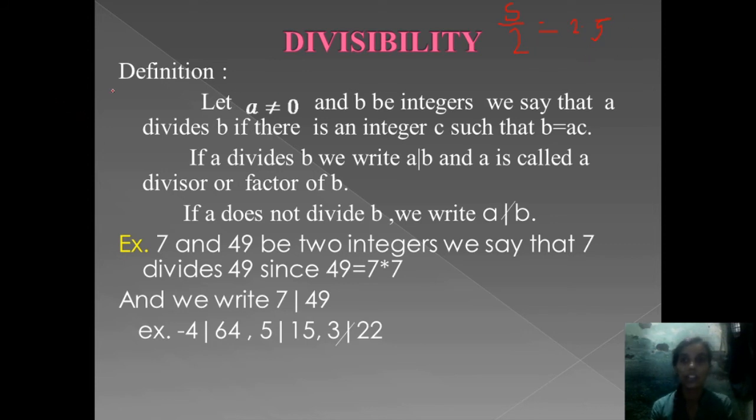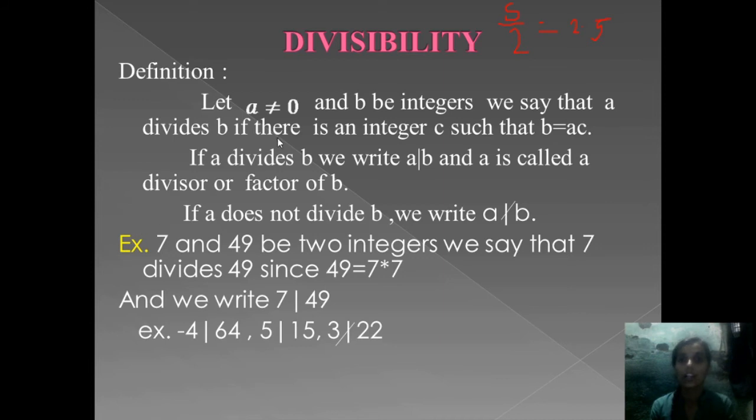So we define here the definition of divisibility. For a not equal to 0 and b an integer, we say that a divides b if there is an integer c such that b equals a times c. That is, for a non-zero integer a and another integer b, a divides b if there exists an integer c and we write b as a into c.